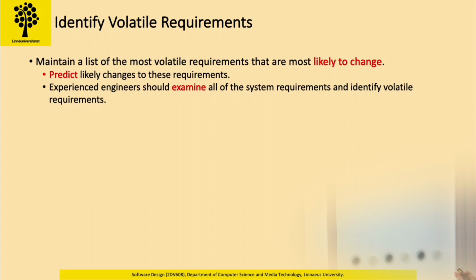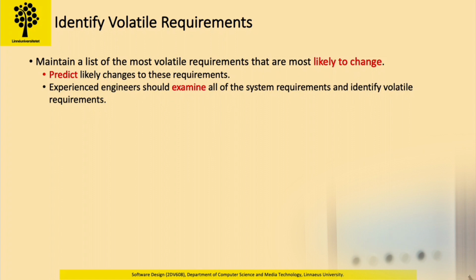It can be due to the upgrade of the platform, due to the upgrade of the libraries, and so on. And it's also important to predict those volatile requirements, or predict what can change in the requirements.